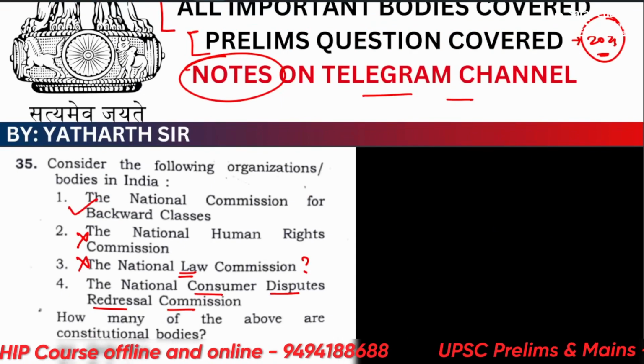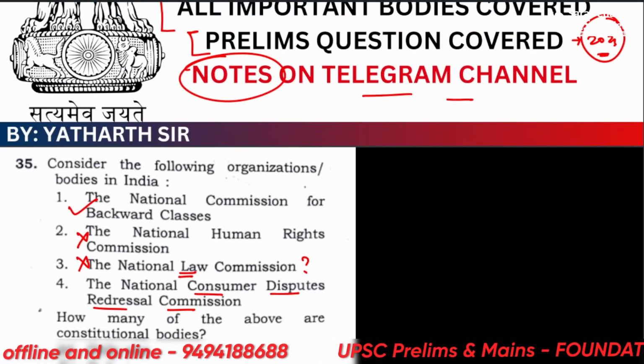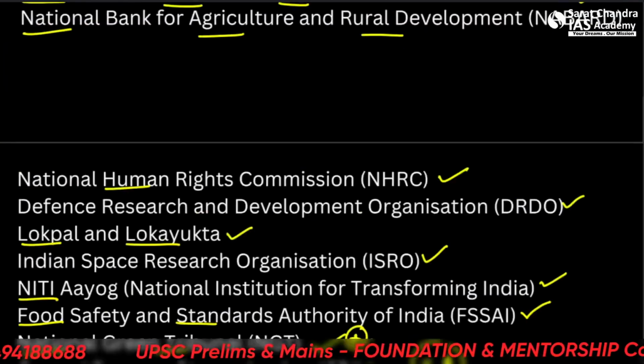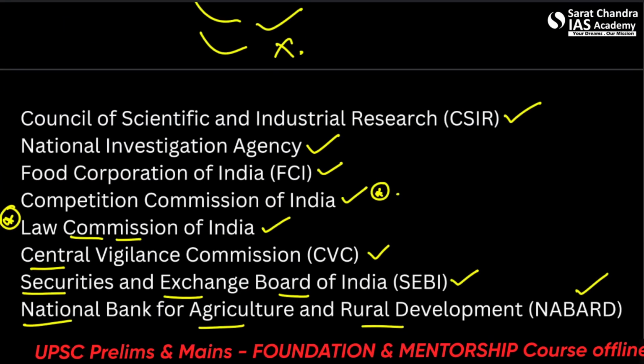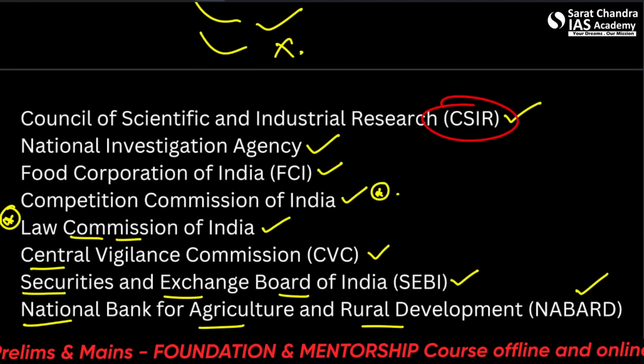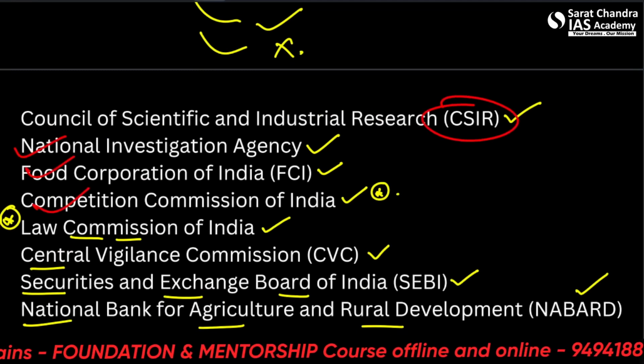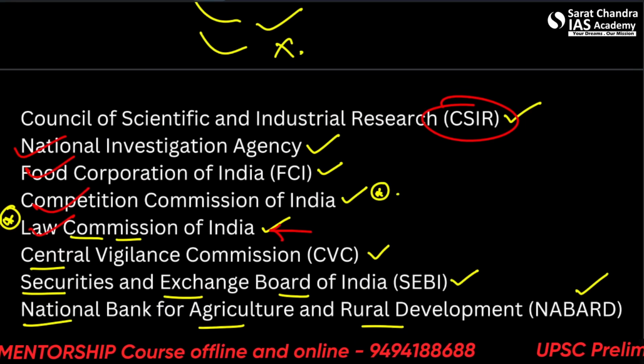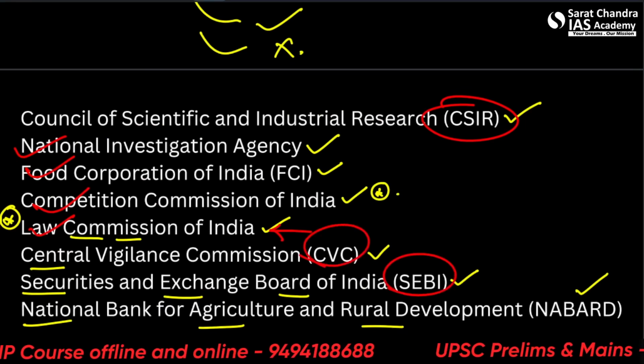Okay, now let's come to the National Consumer Dispute Redressal Commission. This is also not a constitutional body. Let's try to find it in the list of non-constitutional bodies. Okay, so we came through CSIR, NIA, FCI, CCI, Law Commission. Here we can see the option: CVC, SEBI and NABARD.